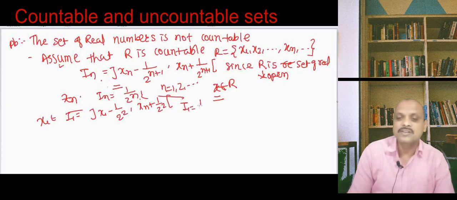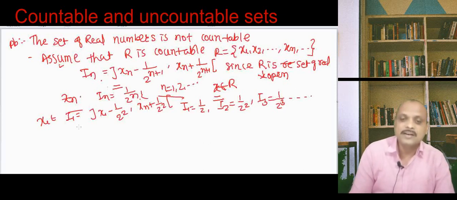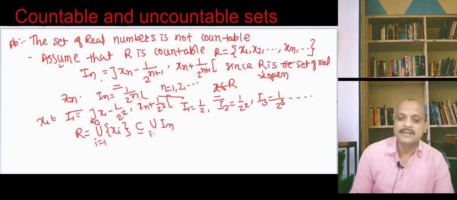So I1 has length 1 by 2, I2 has length 1 divided by 2 square, I3 has length 1 divided by 2 cube, and so on. Now R is countable, so R can be written as a union of the countable set xi, i equal to 1 to infinity, and xi is a subset of the union of In, i equal to 1 to infinity.